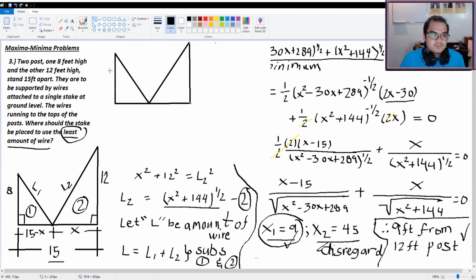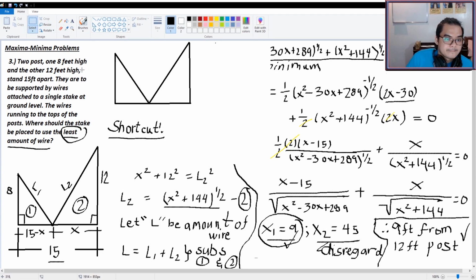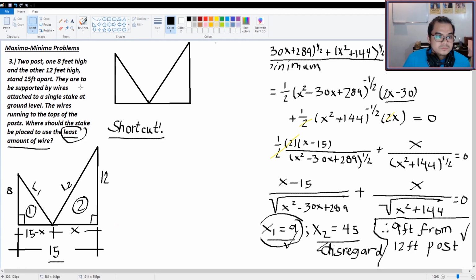Okay, so from here, the shortcut, in order for you to be able to solve this fast, the shortcut will be x now will be bd over a plus b.